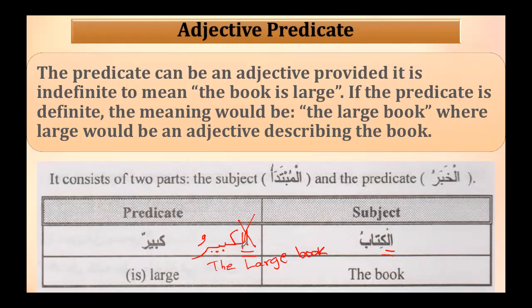It would be the large book. So when you're translating, if there's no al here, then it is the book is large. If you didn't understand that, it is quite okay. We will be studying adjectives down the line, inshallah.